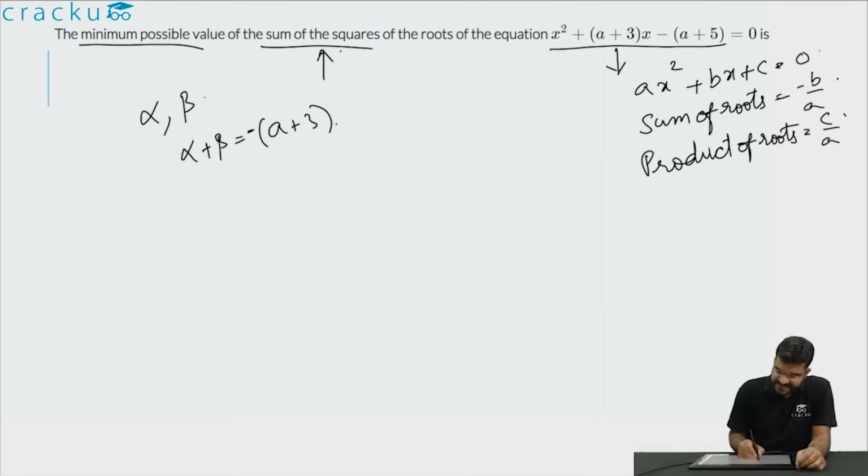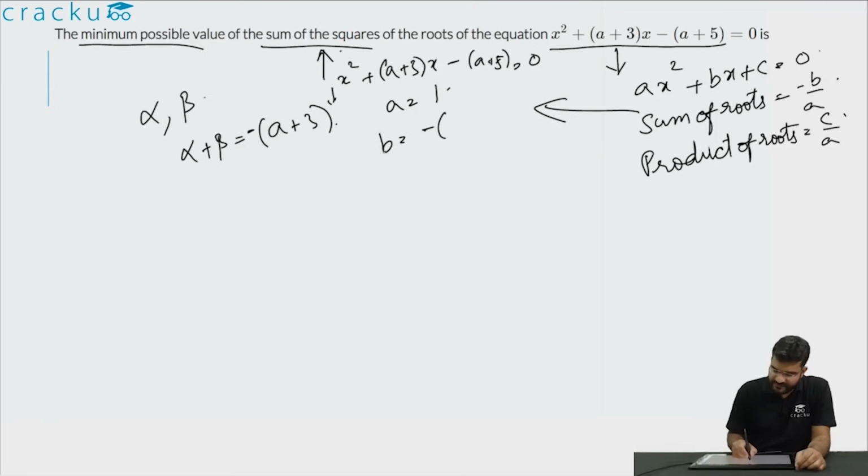When the given equation is x square plus (a plus 3)x minus (a plus 5) is equal to 0, the coefficient of x square is 1. So in this formula, a will equal 1, b is the coefficient of x, which equals a plus 3, and c is the constant term. This will equal minus of (a plus 5).